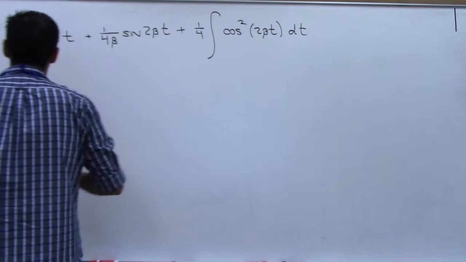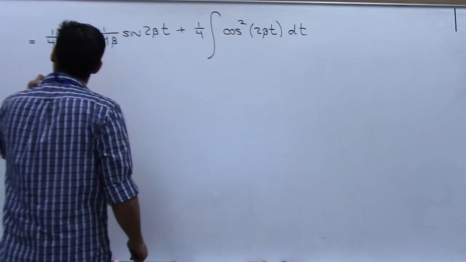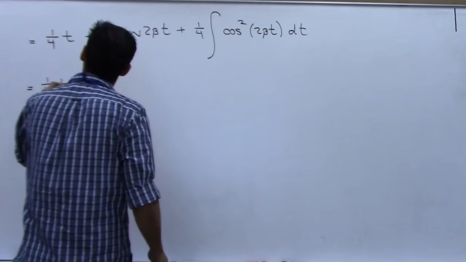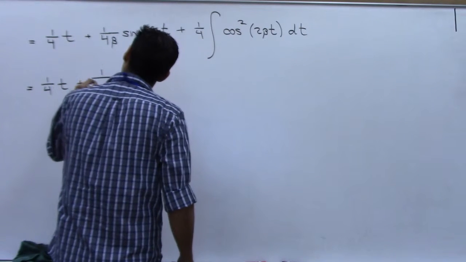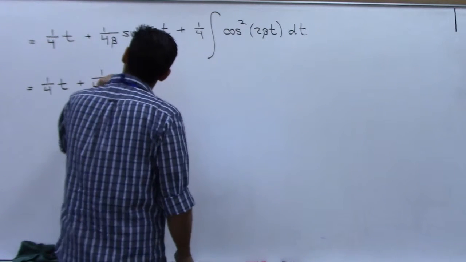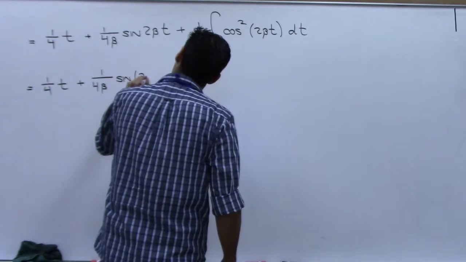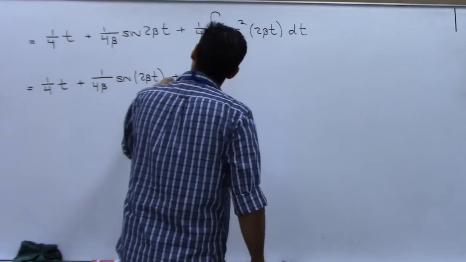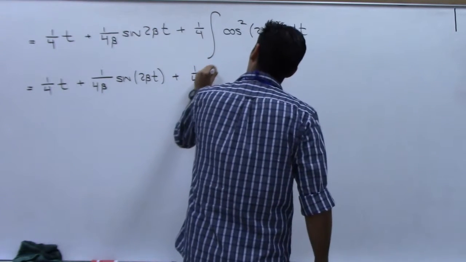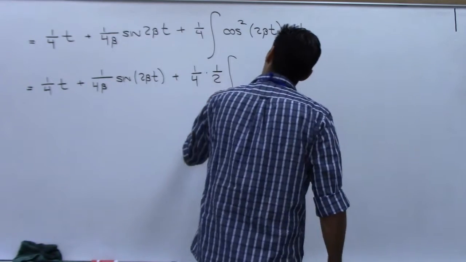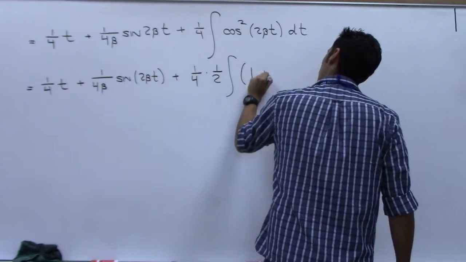So this becomes 1/4 t plus 1/4 beta sine 2 beta t plus 1/4 times 1/2 integral 1 plus, you tell me.